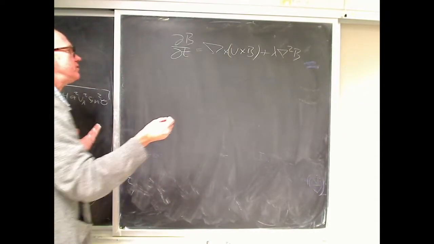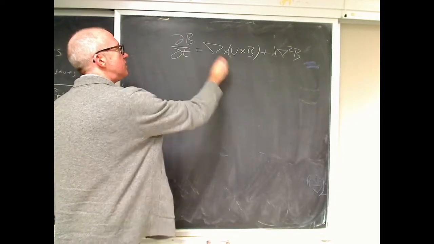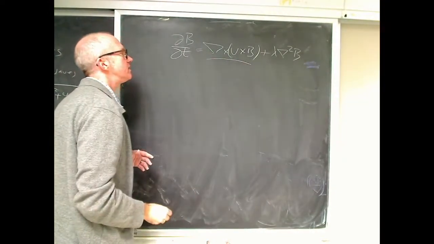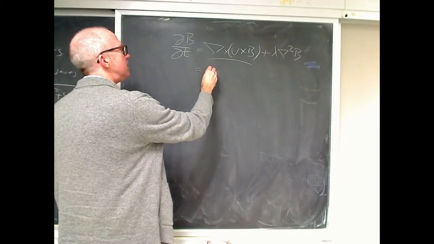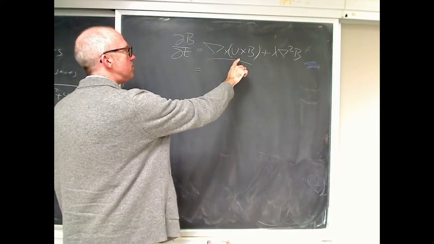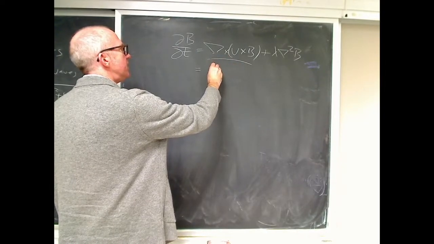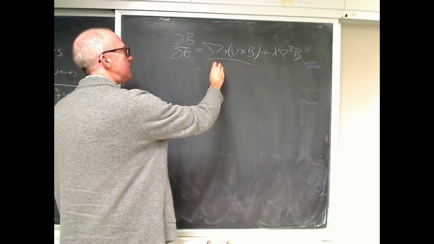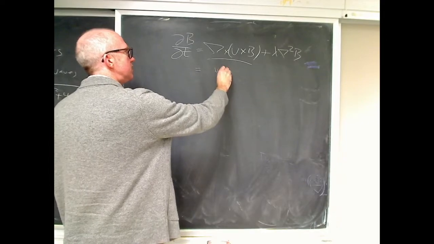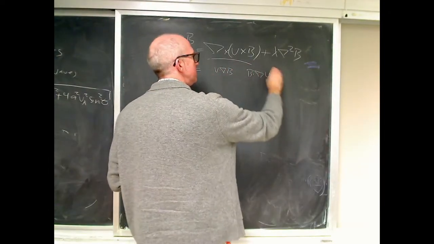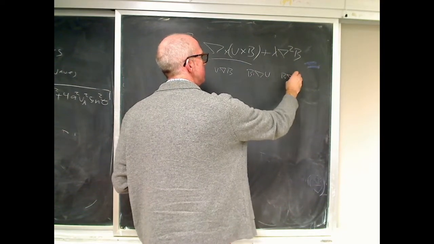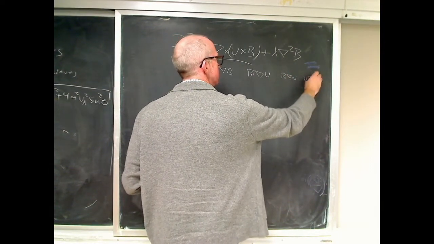So how does this field come about? What this term says, I can rewrite using one of my favorite vector identities. This becomes, okay, so there's a v dot grad b, a b dot grad v, a b div v, and a v div b.